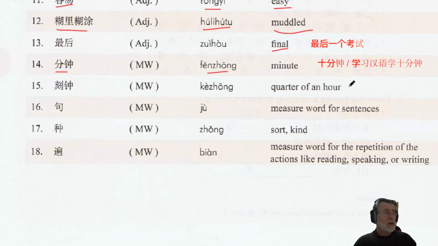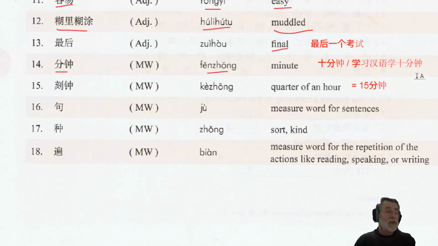Another word that we're going to learn in relation to time and particularly duration is 刻钟. 刻钟的意思是15分钟.